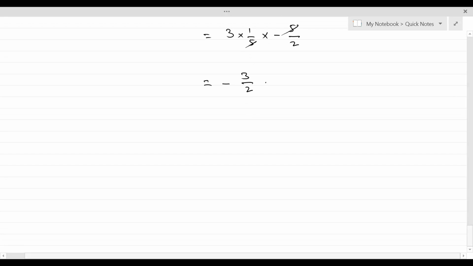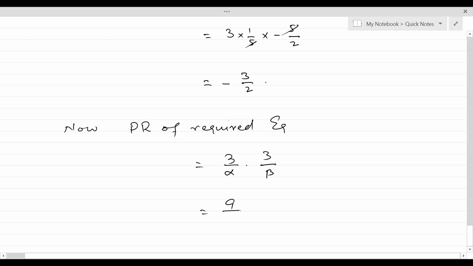And now we will find the product of roots. The product of roots of the required equation is equal to 3 over alpha times 3 over beta. That is equal to 9 over alpha into beta.